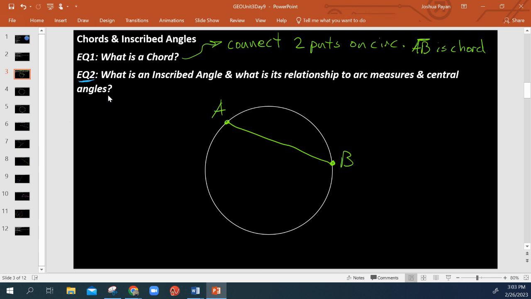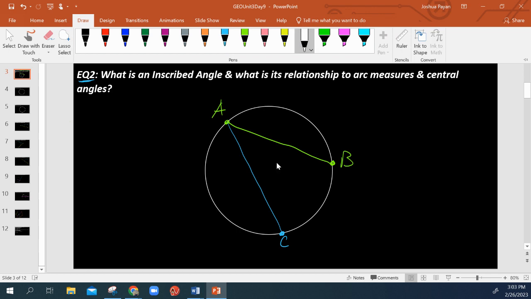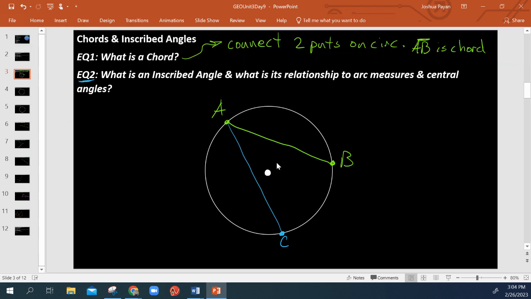So that brings us here to EQ2. Say I put a third point on this circle, called it C, and connected it to point A. Now, let's say this was the center of the circle.